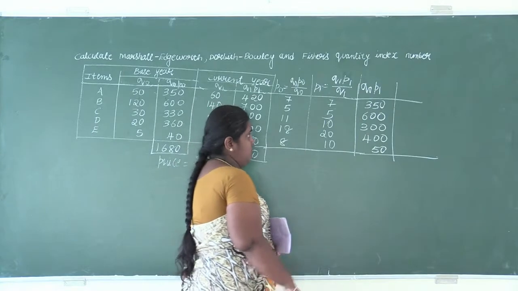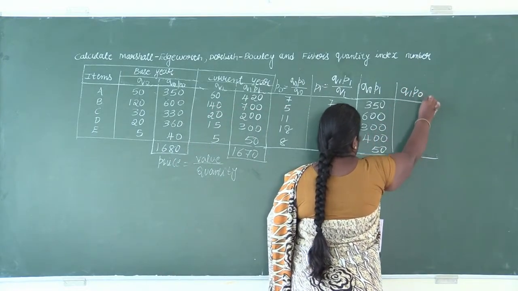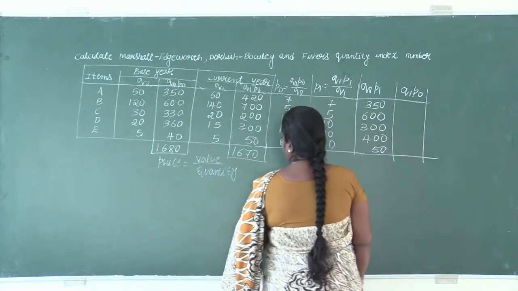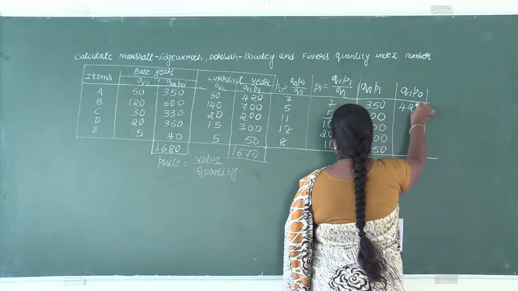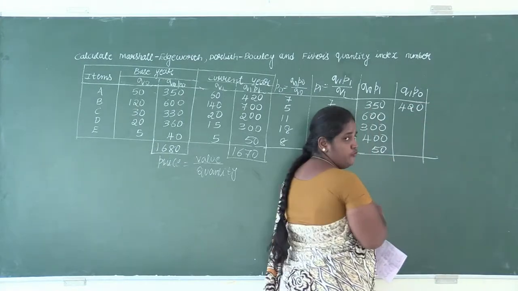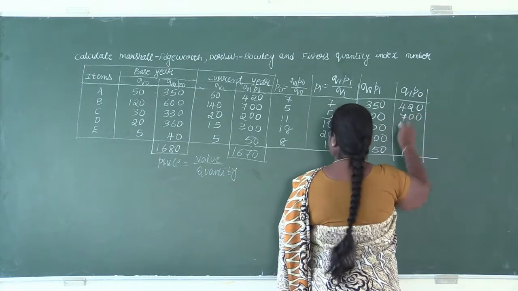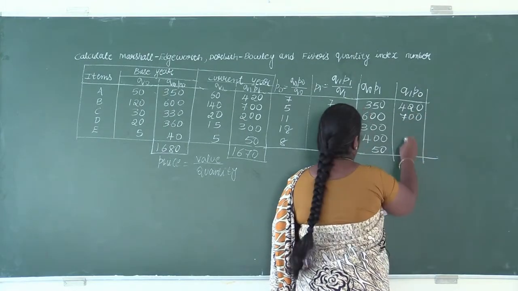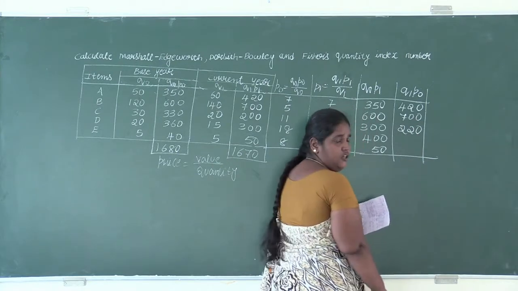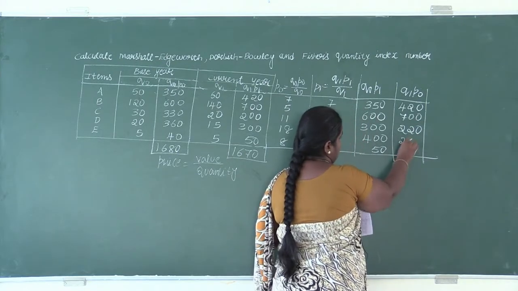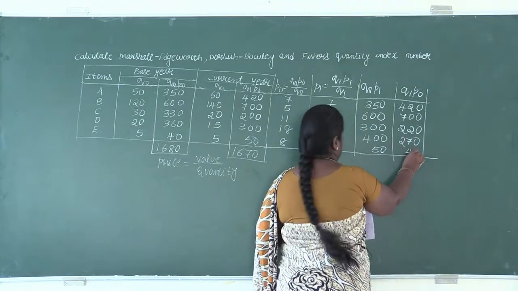After Q0 P1, we have to multiply Q1 and P0. So what is the Q1 value? 60 into 7 is 420. 140 into 5, 700. Then 20 into 11, 220. 15 into 18, 270. 5 into 8, 40.